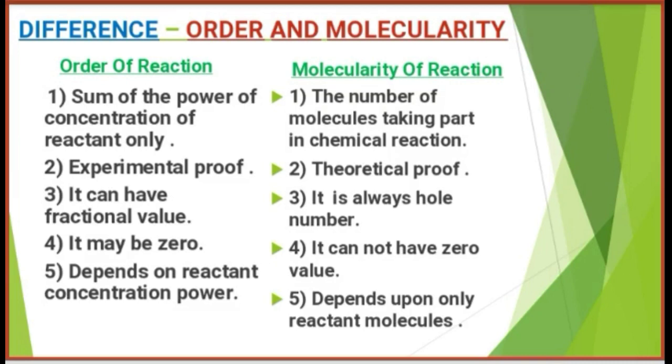Number 3, order of reaction can have a fractional value, while molecularity of reaction is always a whole number. Order of reaction may be 0, but molecularity of reaction cannot have 0 value. Order of reaction depends on reactant concentration and molecularity of reaction depends on reactant molecules.